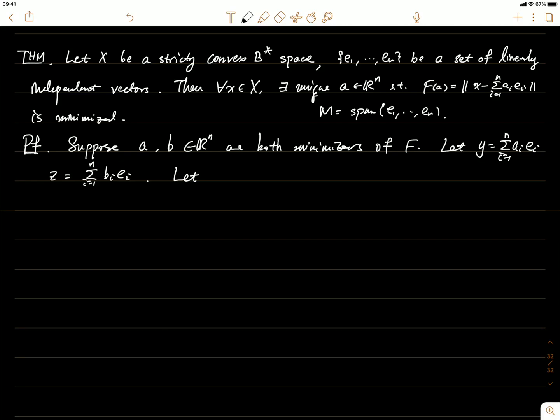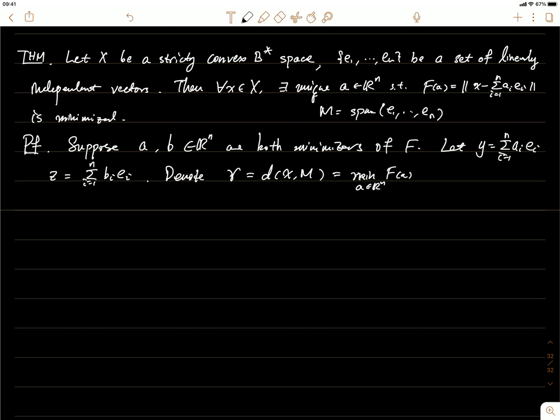So for simplicity, let's say I use r to denote the distance between x and M, which is just the minimum value of F(a).